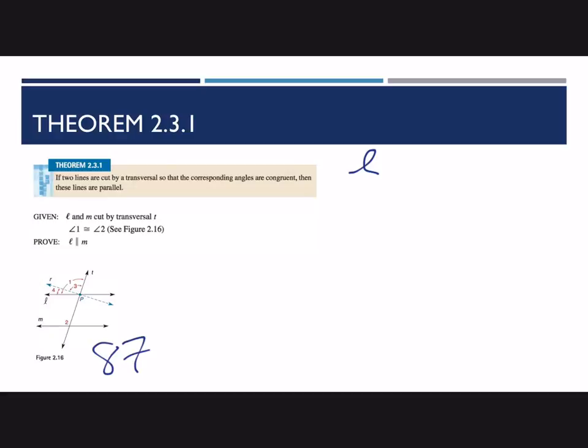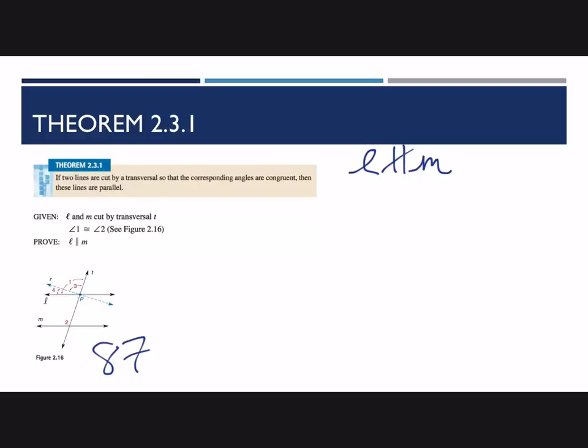And the complete proof is written up in your textbook, so I'm going to do more of a shorthand here and just sort of get an outline of the proof. Okay, so we start by assuming that the lines are not parallel, and then we want to try to get some sort of a contradiction. Alright, well, one of the things we know is that through a point there is always a parallel line to another line.